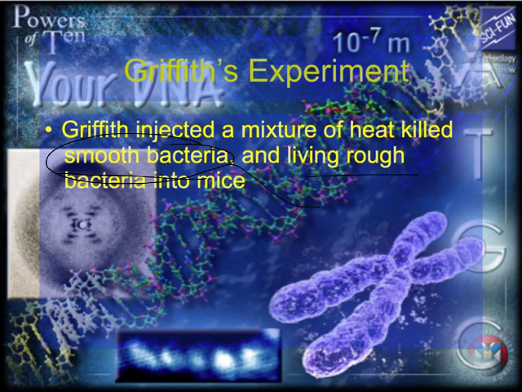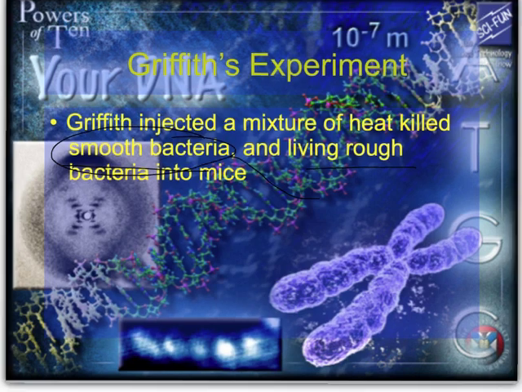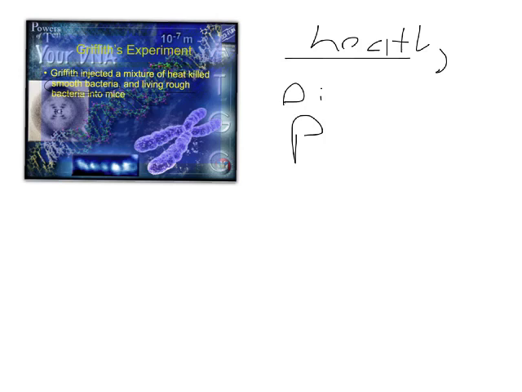He expected the mice to remain alive and healthy, because the rough cells do not cause pneumonia and the smooth cells were dead. What actually happened was the mice actually had pneumonia, and they died of pneumonia.